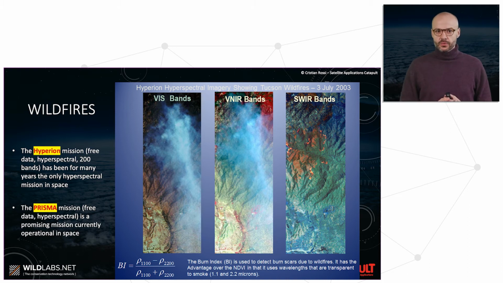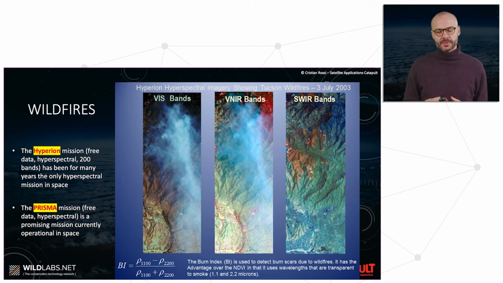This has been captured with a specific hyperspectral sensor, which is called Hyperion. There aren't many hyperspectral sensors at the moment up there that provide data. If you just look at public hyperspectral sensors, there are very few.